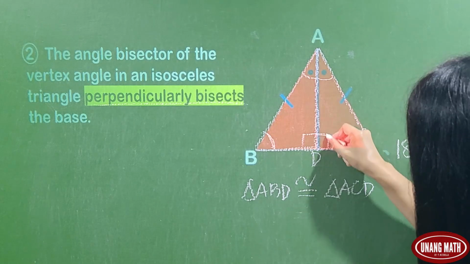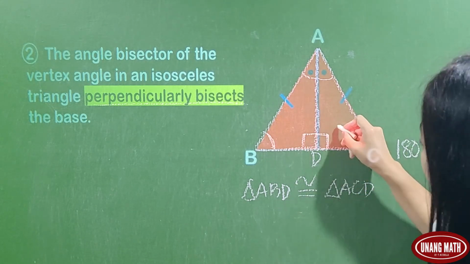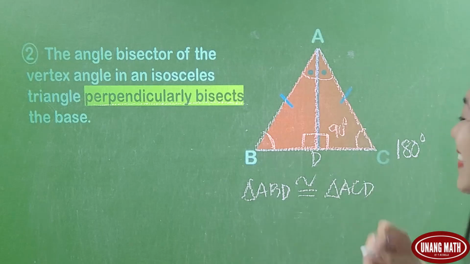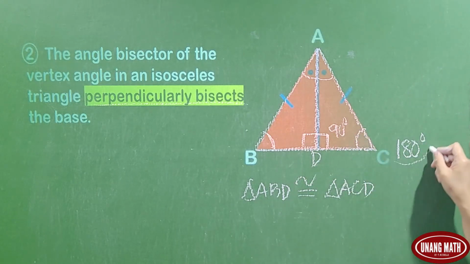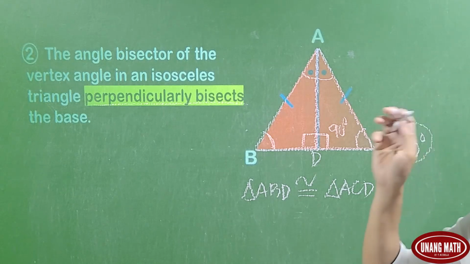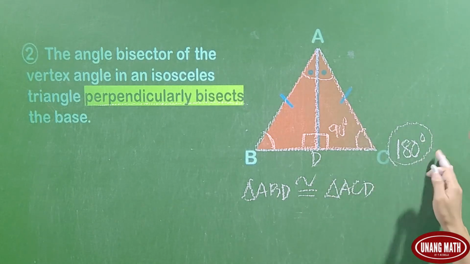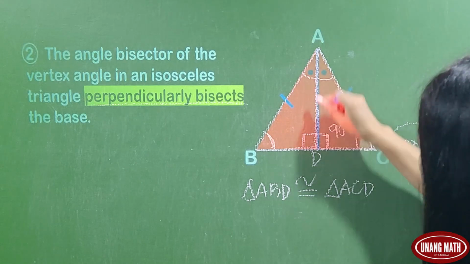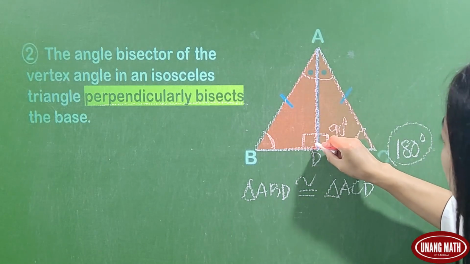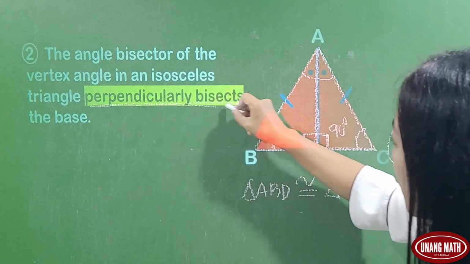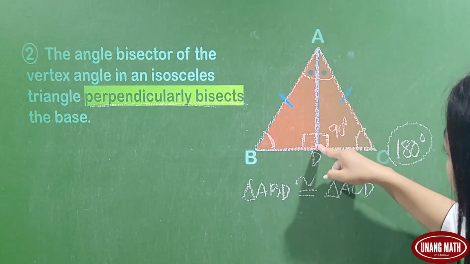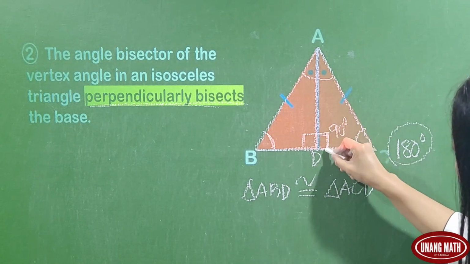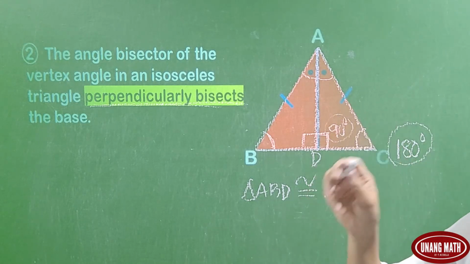So it means each angle measures 90 degrees because 90 plus 90 is equal to 180 degrees. That's why this angle bisector perpendicularly bisects the base because these two straight lines form a 90 degree angle.